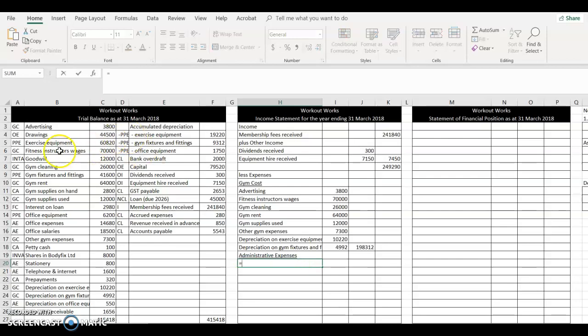These are all our administrative expenses over here, starting with office expenses, office salaries, stationery, telephone and internet. And lastly, don't forget that depreciation.